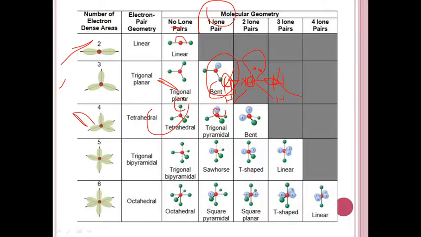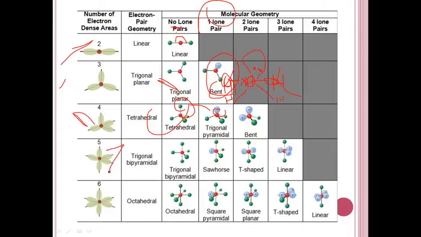But if one bond pair becomes a lone pair, then it becomes trigonal pyramidal. Then you see 2 bond pairs with 2 lone pairs. Out of 4, 2 bond pair and 2 lone pair means it assumes a bent shape again. So 2 bond pair, 1 lone pair is also bent, and 2 bond pair with 2 lone pair is also bent shaped.